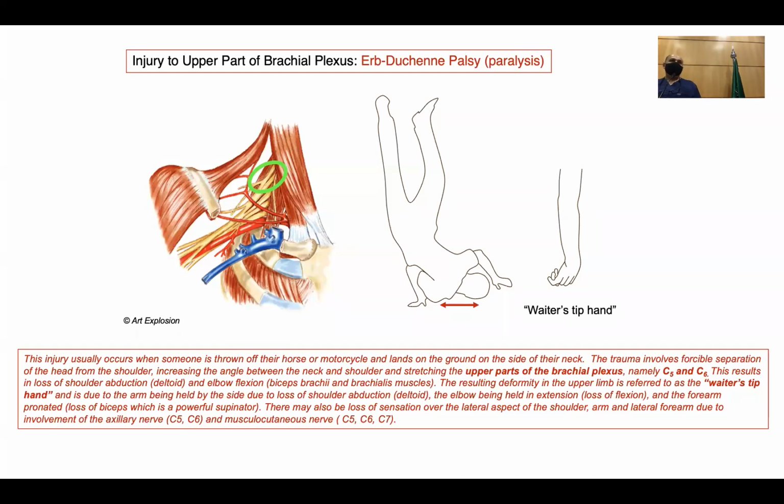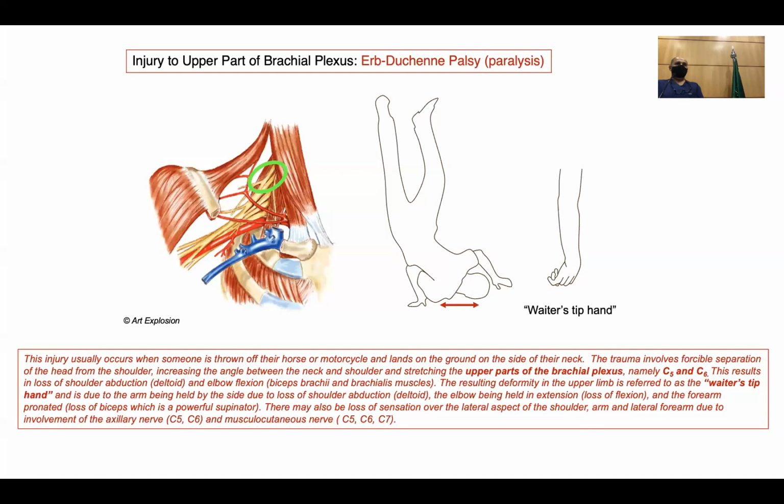This injury usually occurs when someone is thrown off their horse or motorcycle and lands on the ground on the side of their legs. The trauma involves forcible separation of the head from the shoulder, increasing the angle between neck and shoulder, stretching the upper parts of the brachial plexus, namely C5 and C6.